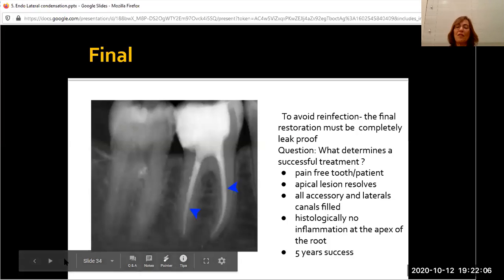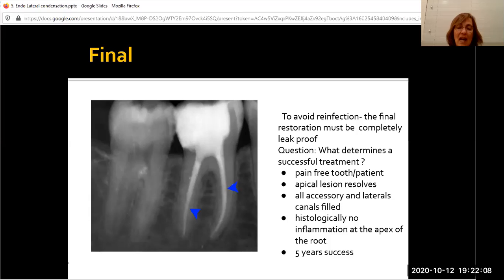Okay, so for the final X-ray that we have here, throughout the process of doing the root canal, you will be taking an X-ray when you have your initial file to see if you have gotten to the working length. When you come to the final file, you will take another X-ray to make sure that you are still at your working length.